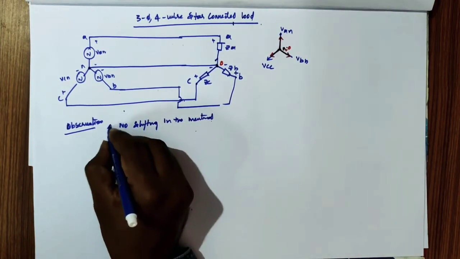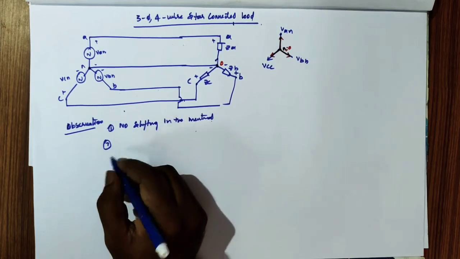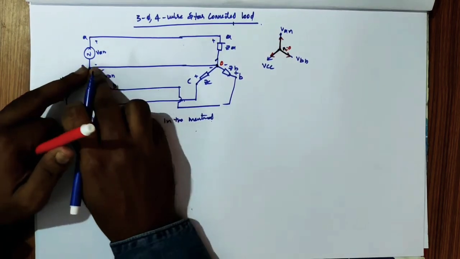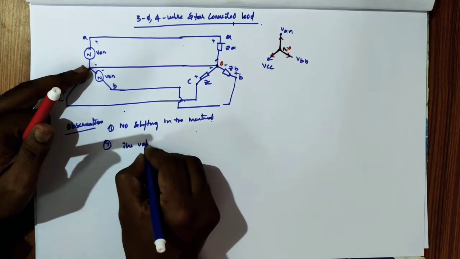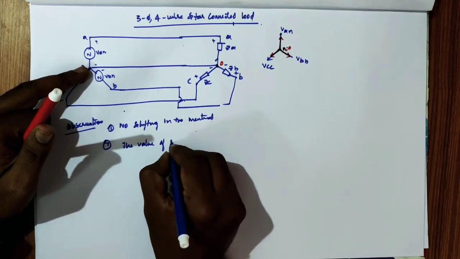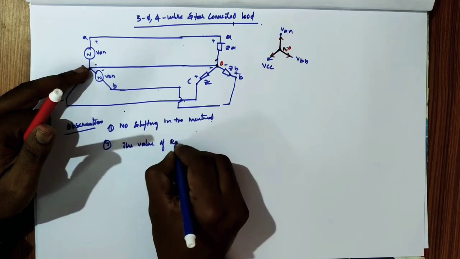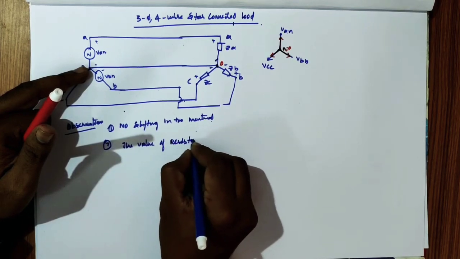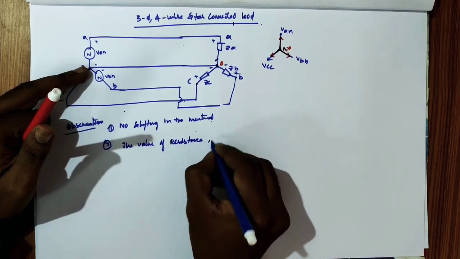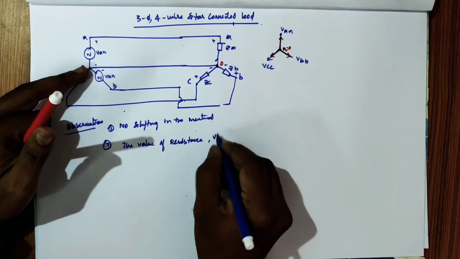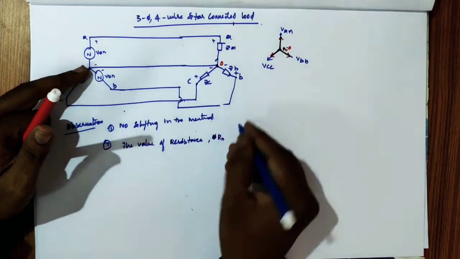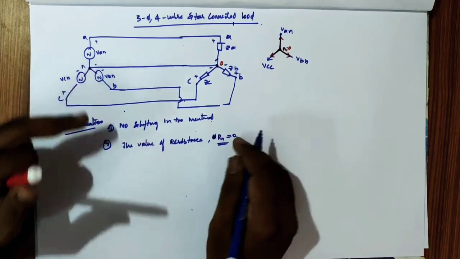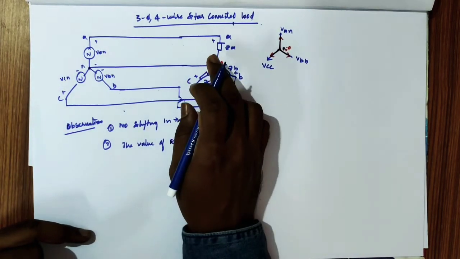And then the value of resistance of the neutral wire, let us say Rn. So the value of resistance of the neutral wire equals 0. We take the resistance of this as negligible.